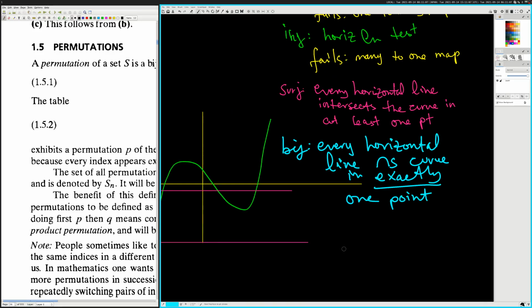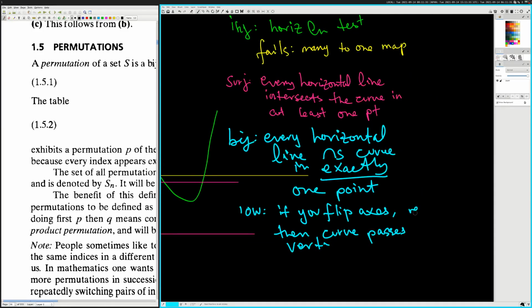y equals x axis, then a bijective function, in other words, if you flip the axes, then the curve passes the vertical line test. So by this I mean reflect.